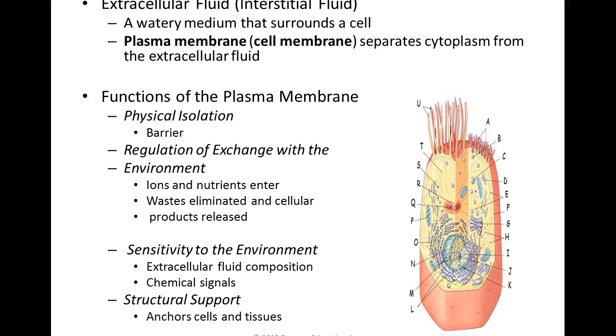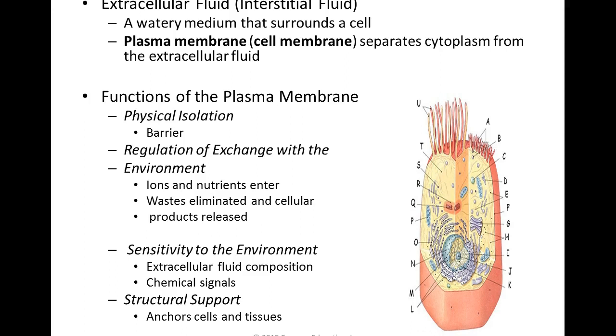So the plasma membrane is the big thing we want to talk about in this particular group of information. It's very important because it's the physical isolation, the barrier between what's going on outside the cell and what's going on inside the cell. That might be a barrier for the cell itself, or it might be a barrier to make sure that what is going on inside of it doesn't affect the whole body. Think of, for outside the cell, maybe a negative pH or a negative temperature or a negative concentration of ions, meaning something that's not beneficial to that cell.